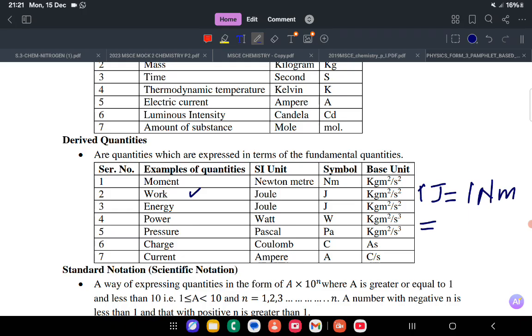Once again, a Newton is the same as 1 kilogram meter per second square, multiplied by a meter. A meter by a meter shall give us the kilogram meter square per second square. So don't worry. These are the same units, but in the form of derived units or base units.